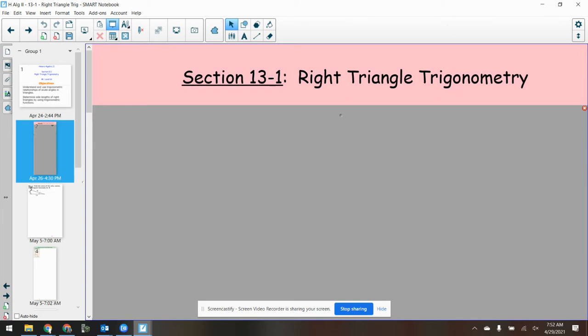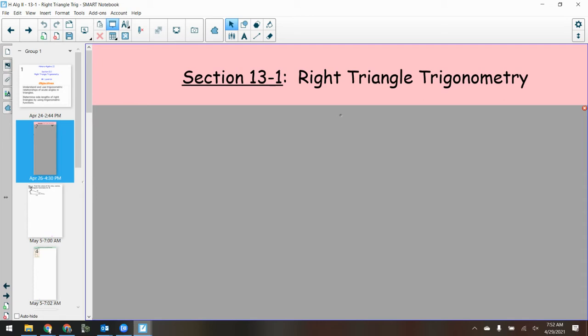So a lot of trigonometry can be used in aviation and any type of travel or anything like that. It can be used in a lot of different areas.